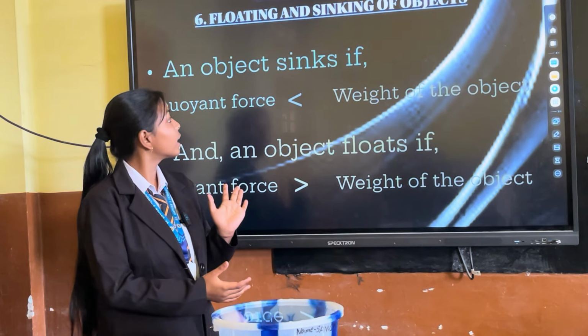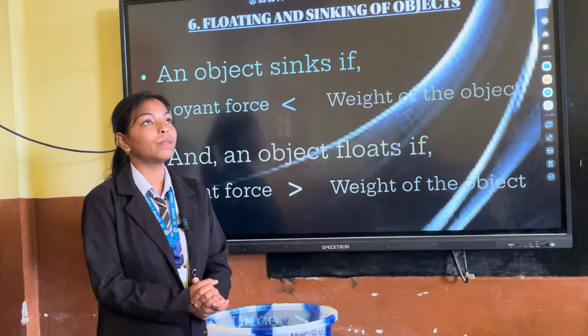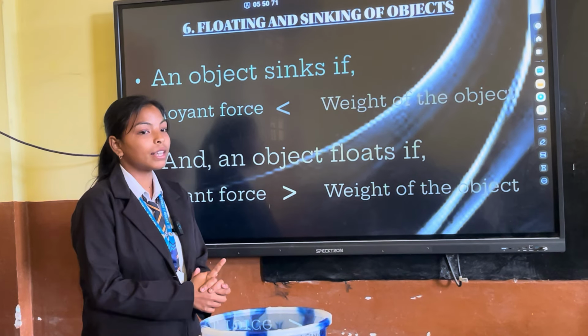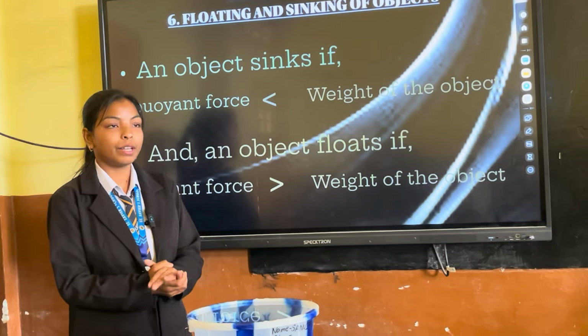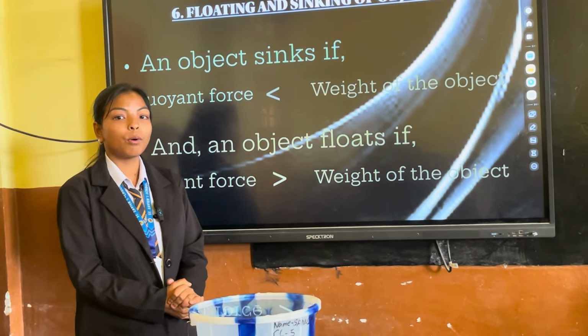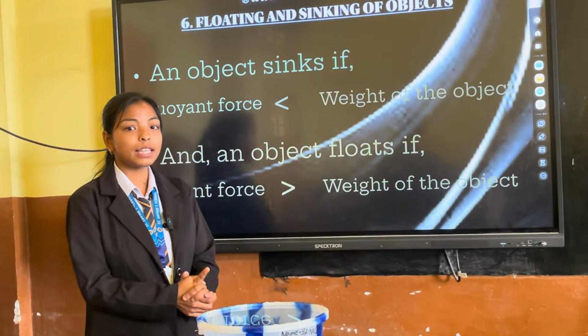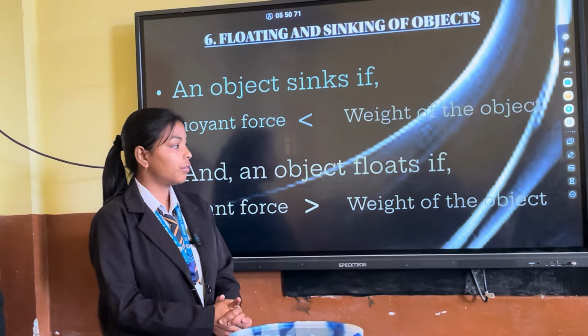The object sinks in a fluid if its density is greater than the density of the fluid. An object floats when the buoyant force is equal to its weight.